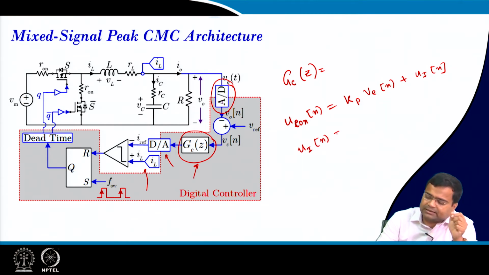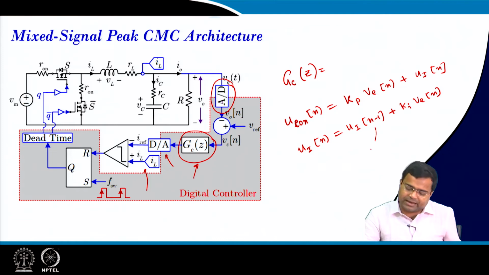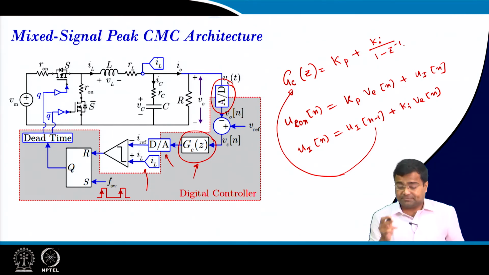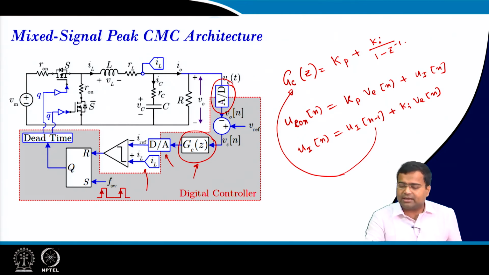It is nothing but UI[n-1] plus the integral gain times error[n]. If you take the transfer function here, you can get Kp plus Ki over 1 minus Z inverse, and this block you will get.